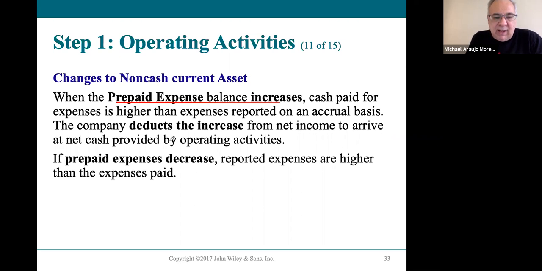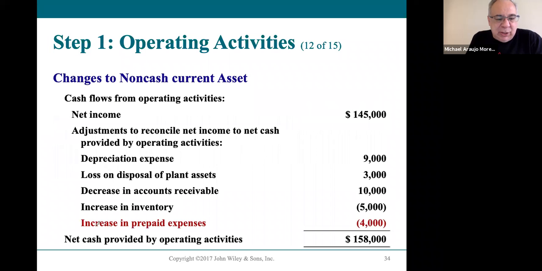The increase in a prepaid expense, like more supplies or more insurance, meant that you had to use cash to do it, so less cash. That's again just comparing the two periods. So this is how they look at a cash flow statement.